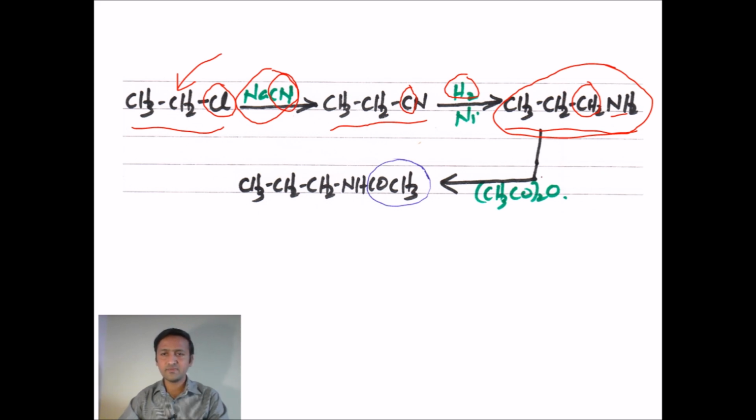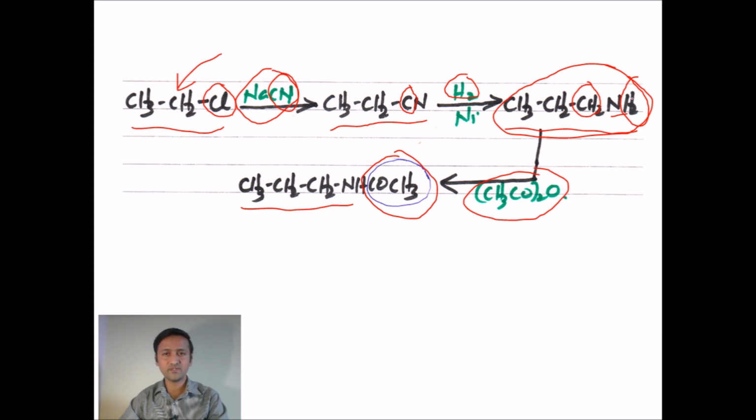The last step now, acetylation or acylation. So you can take acetic anhydride. What happens now? In acetylation, one of the hydrogens of this NH2 is replaced by the COCH3 group. You can see here CH3CH2CH2, it's actually initially NH2, right?